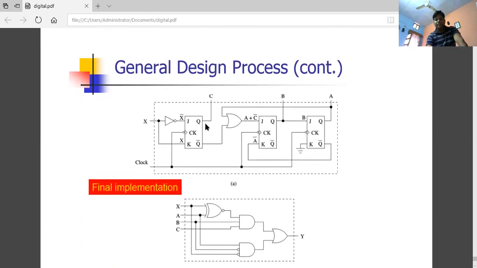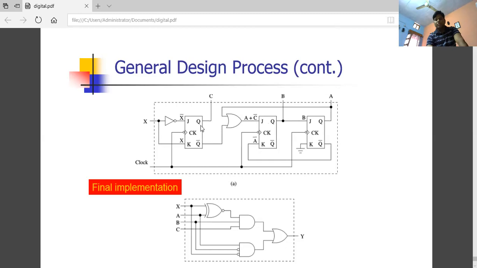This is the input section in JAKA, JBKB and JCKC. So we have to draw the inputs. X is the X input, and we use an inverting gate to get X dash for J, and the corresponding K equals X. Again, JB is the input section A plus C dash.